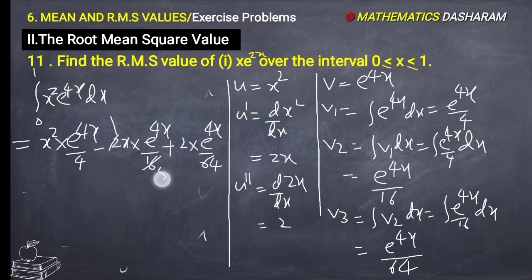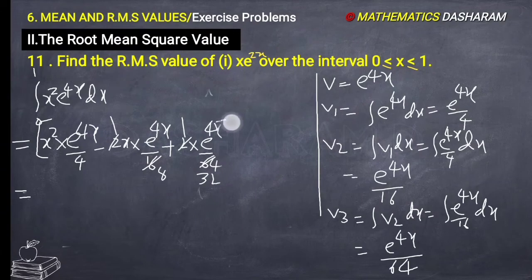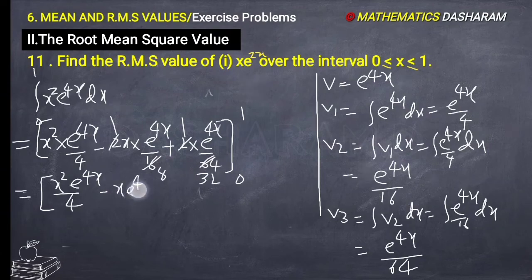Simplifying, the limits are 0 to 1: x square into e power 4x divided by 4 minus x into e power 4x divided by 8 plus e power 4x divided by 32, 0 to 1.